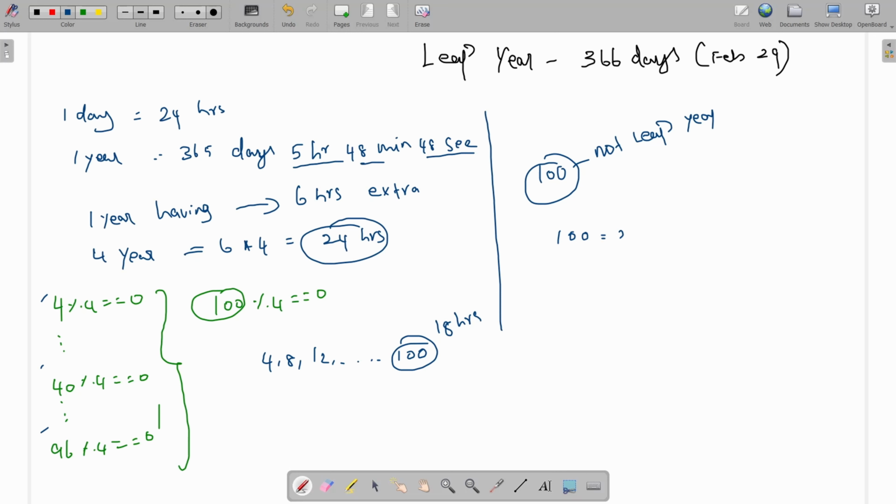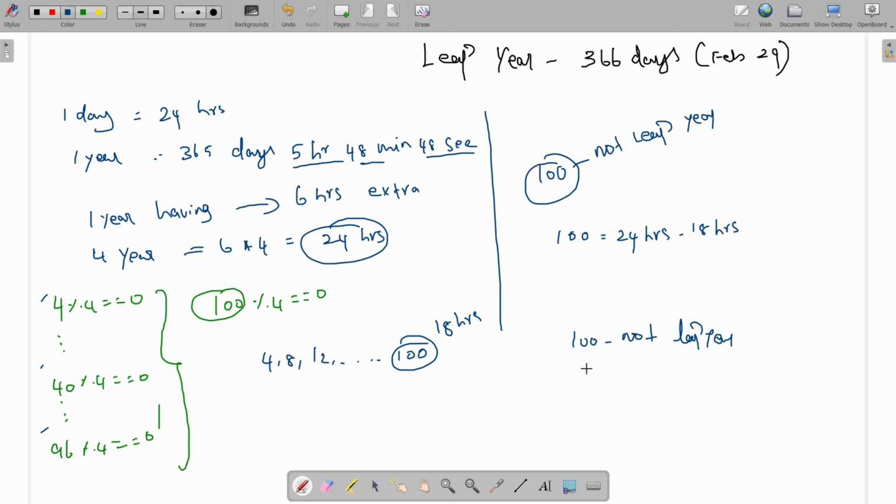Like that, in this century year also I have 24 hours, but I have to repay my debit. How much is my debit? My debit is 18 hours. That's it. So I paid my debit in the century year, and that is why this century year is not a leap year. Okay, let's find out: what about if 100 is not a leap year?